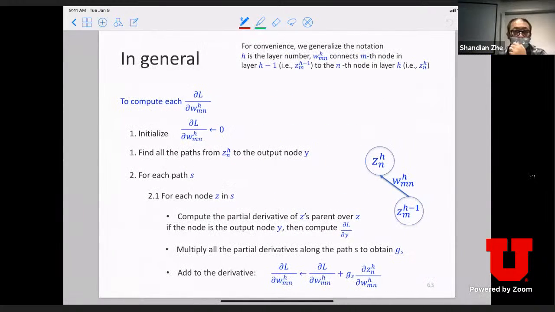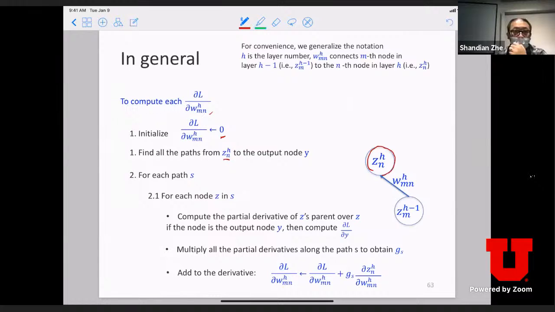Okay, so now to compute partial L over partial WMNH, we first initialize partial L over partial WMNH with 0. Then we find all the paths from Z_n^H. Remember, Z_n^H is the target node where the edge points to.